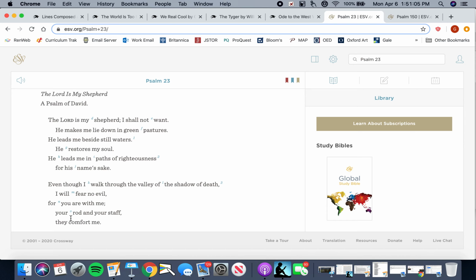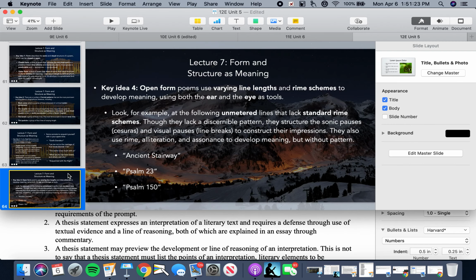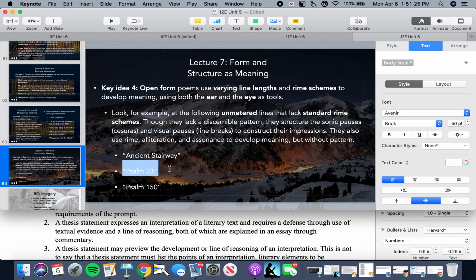Parallelism is the primary literary device of the Psalms, okay, through parallelism and line breaks, to add emphasis to what's going on in the poem. All right, so that's just a great example of an open form poem, Psalm 23. We could also look at Psalm 150, but I think that you understand the basic point.